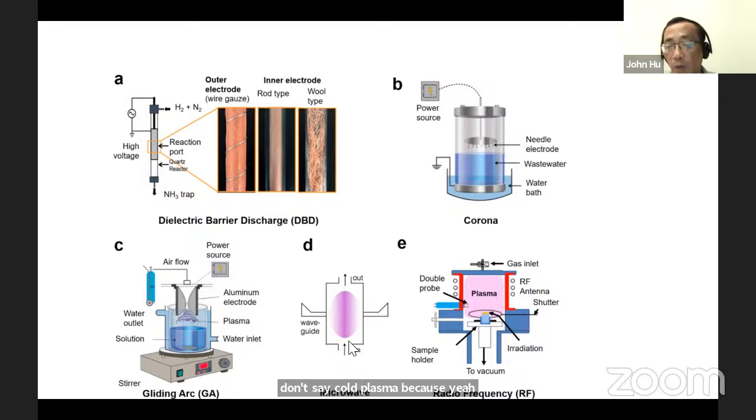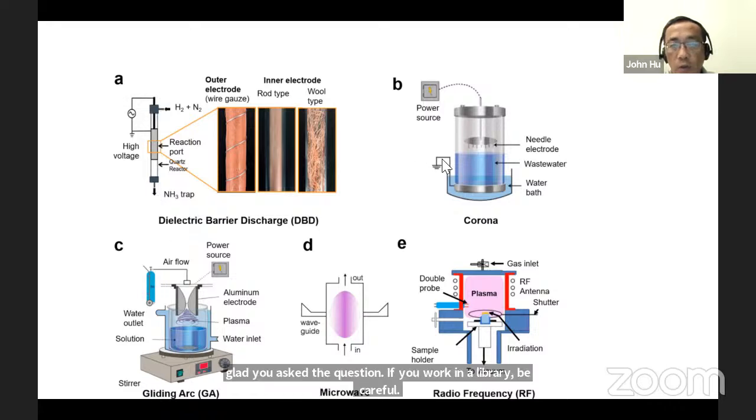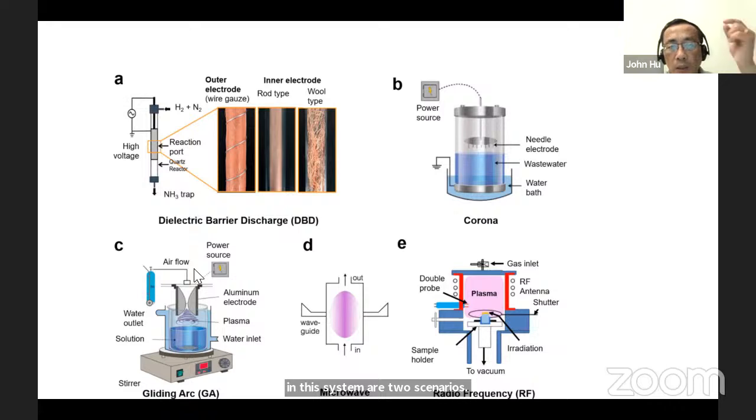But if you work in a laboratory, be careful. I'm glad you asked the question. In these two scenarios, if you use a cross tube with cold plasma, you can touch the wall, no problem.